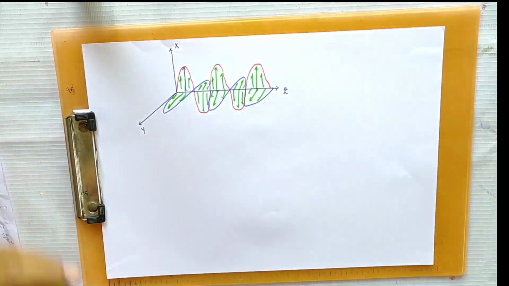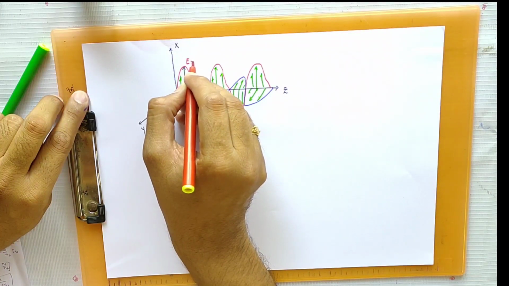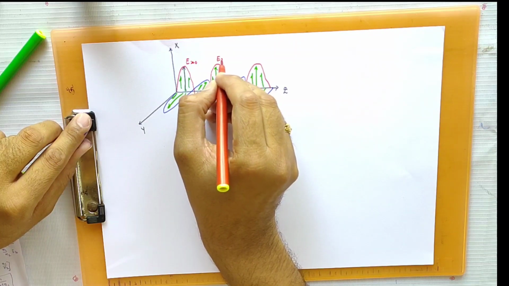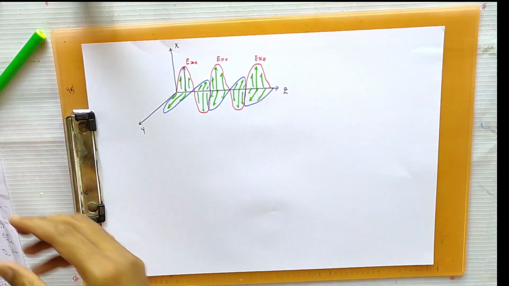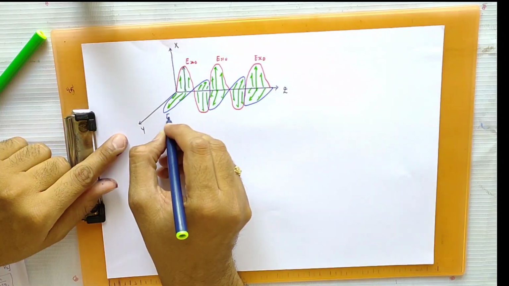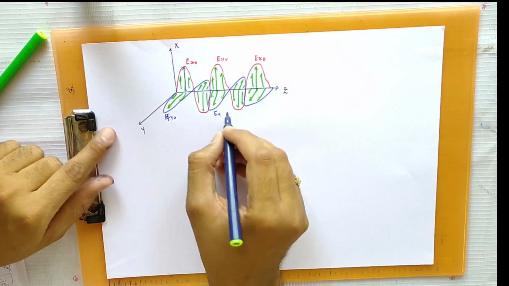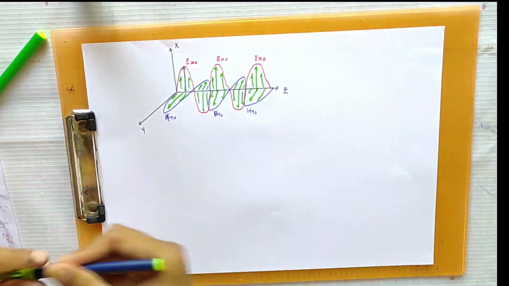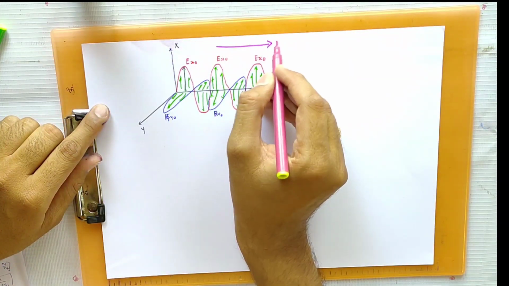Here the electric field is known as EX0. EX0 is the maximum value of the electric field, and here it is HY0, the maximum value of the magnetic field, and this is the propagation direction.